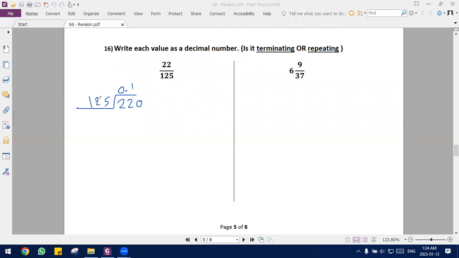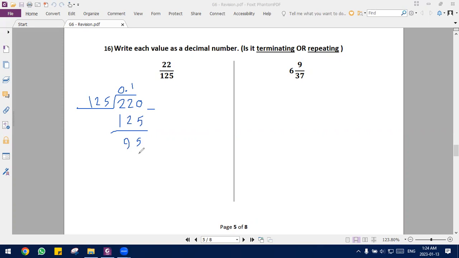Then 1 times 125 is 125. We did division, then we did multiplication. Now we should do the subtraction, which is here we have 5, then here we have 9.